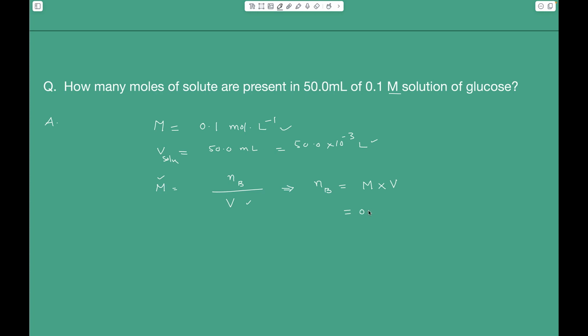Molarity is 0.1 mole per liter multiplied with volume of the solution in liters, which is 50.0 times 10 to the power of minus 3 liters. These two get cancelled and simplify this to get the number of moles.